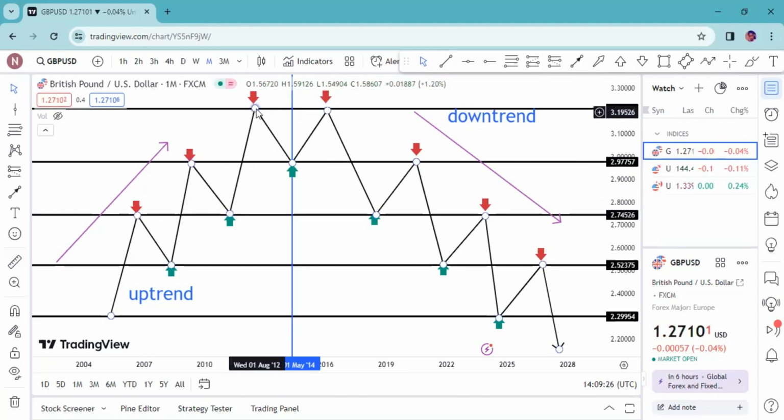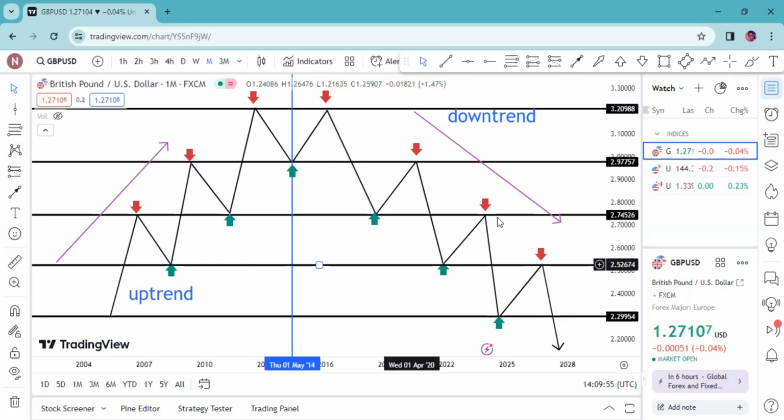Now this becomes higher than this one. That's why it's called a higher high. This one is a higher low. So the market breaks this line to form a new high, and after breaking this line, it retests. Do you understand me up to there? After retesting, the market moves high.